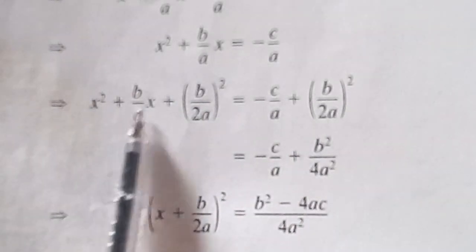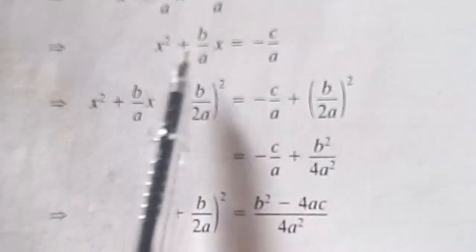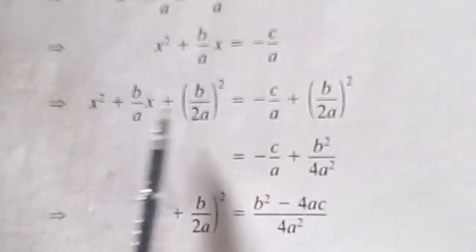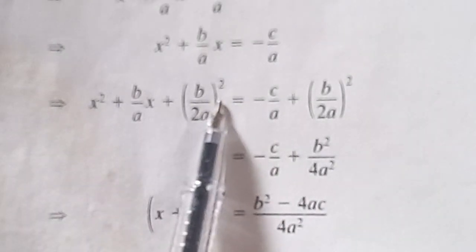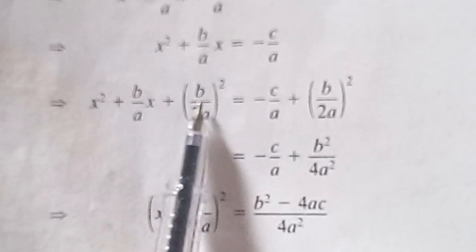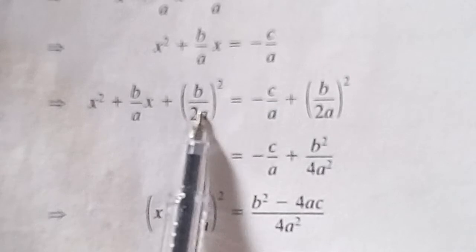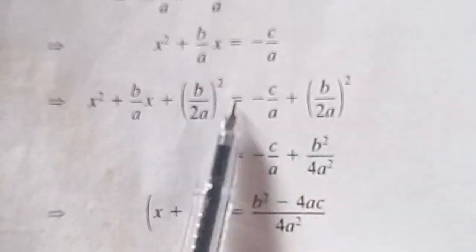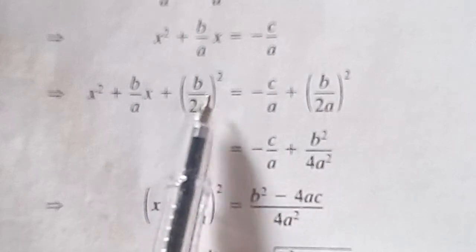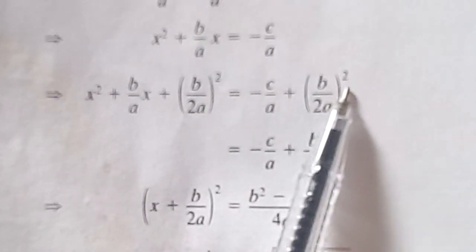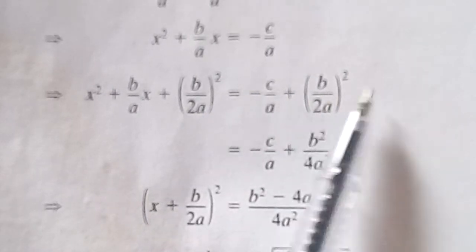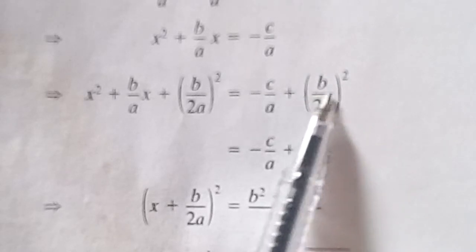We now have x squared plus b over a x plus b over a divided by 2, that is b over a times 1 over 2 here, all square, equals minus c over a plus the same b over 2a all square that you are adding to both sides.